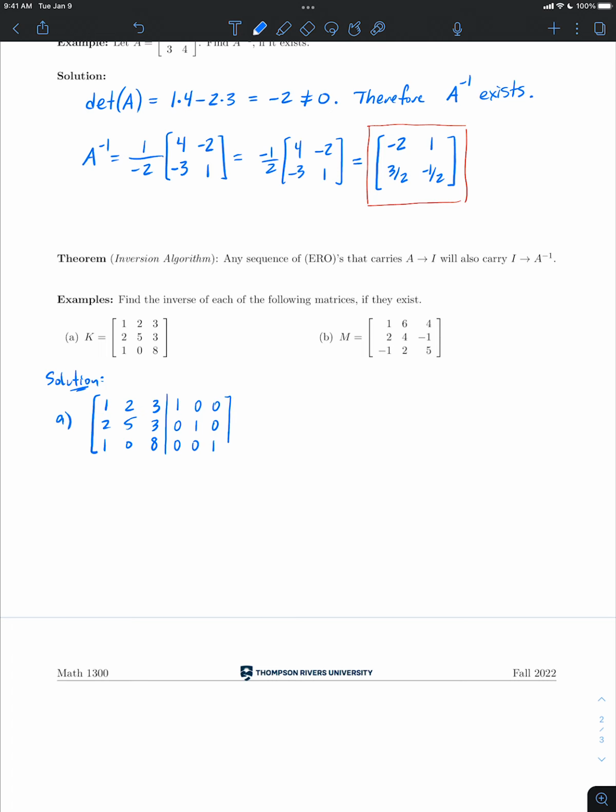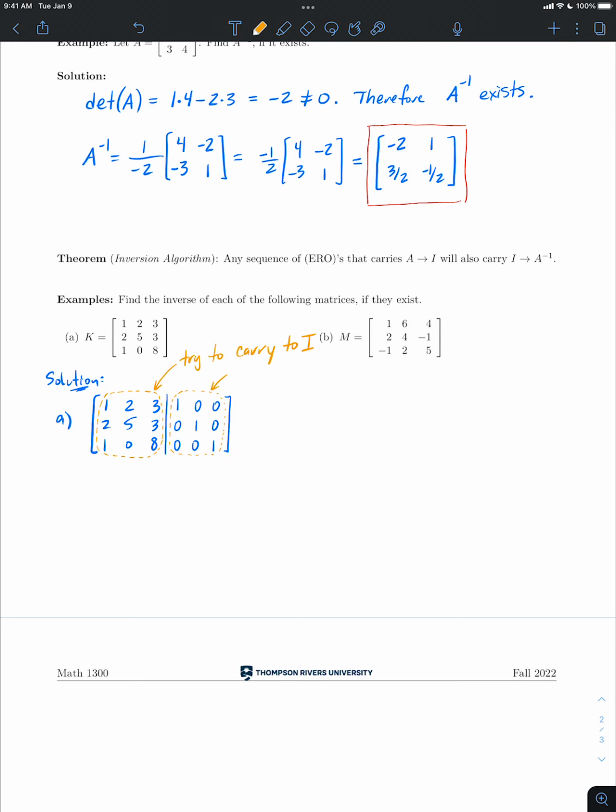Okay, so I've got a copy of the identity matrix, and here's the idea. I'm going to work on this part, which is where K is, the matrix whose inverse I'm trying to find. I'm going to try to carry this to the identity. And in doing so, I'm going to do the same operations on the right-hand half as well.